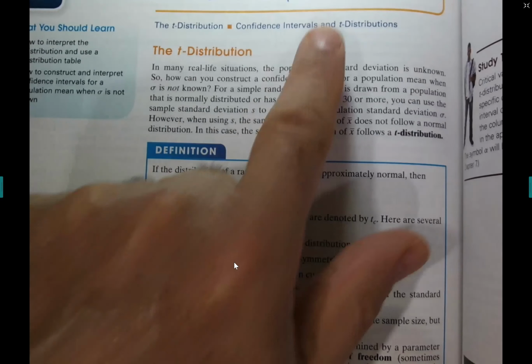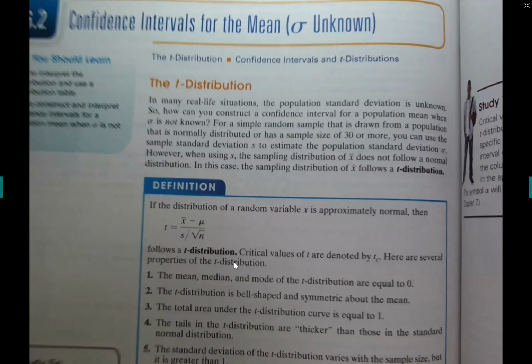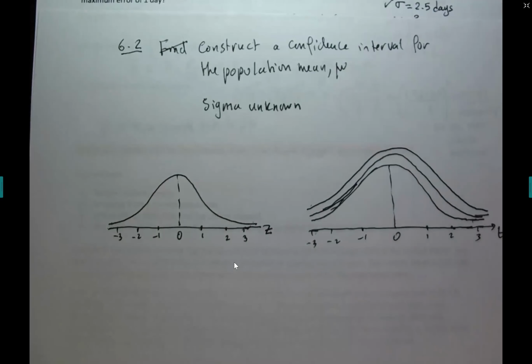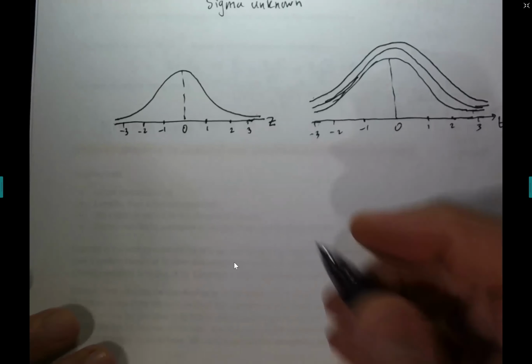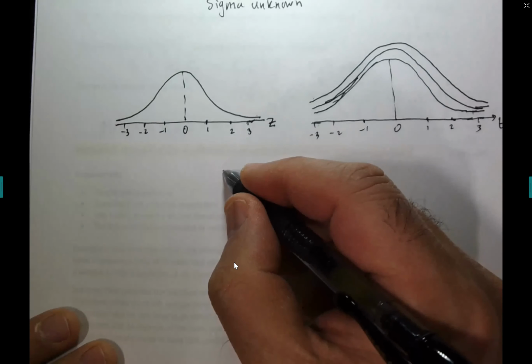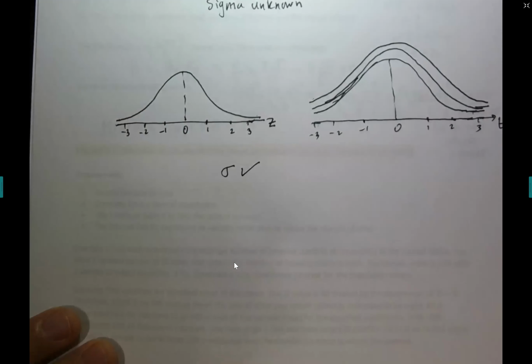So this is what we're going to be using to find a confidence interval for the mean when sigma is unknown. Now the question, guys, probably you want to ask me, is how do we know if sigma is known or unknown? Here's how you can tell. If he tells you, assume that the population standard deviation is known, that means he gave you sigma. Then you cannot use a t distribution, you must use a z distribution.